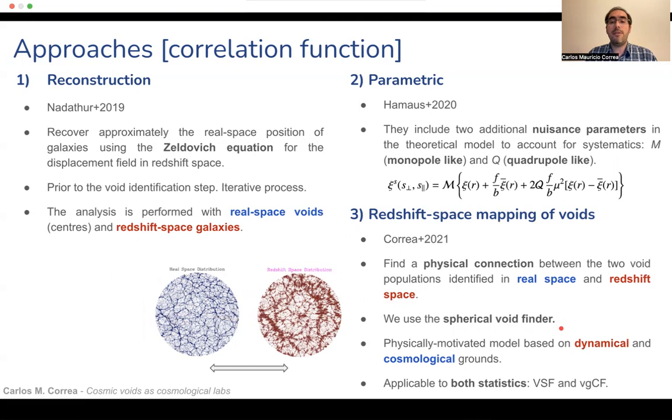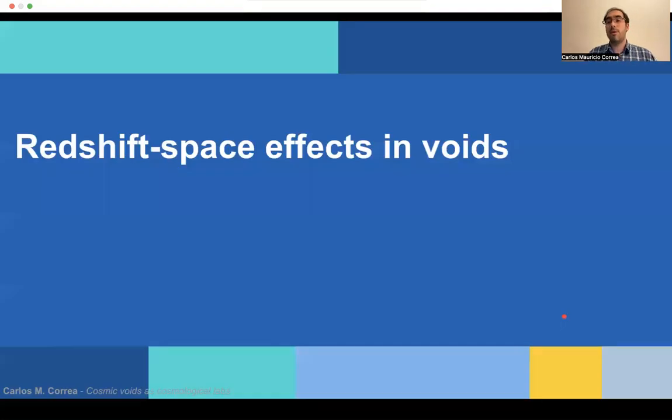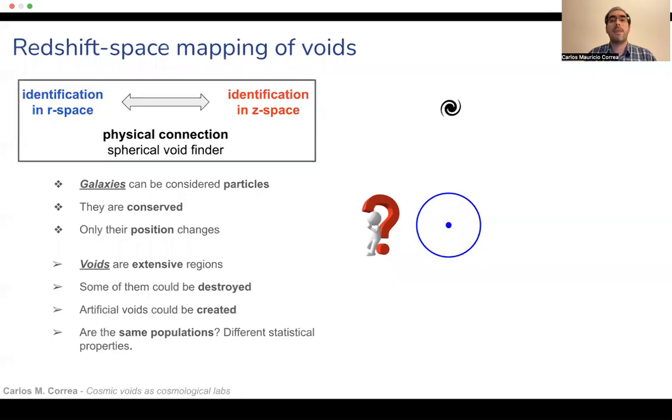We provide a physically motivated model based on dynamical and cosmological grounds that explains how the void finder operates under this mapping. And what is very important here is that this framework that we provide is applicable to both statistics, the void size function and the void galaxy correlation function. For the second part of my talk, I will provide more details about our approach.